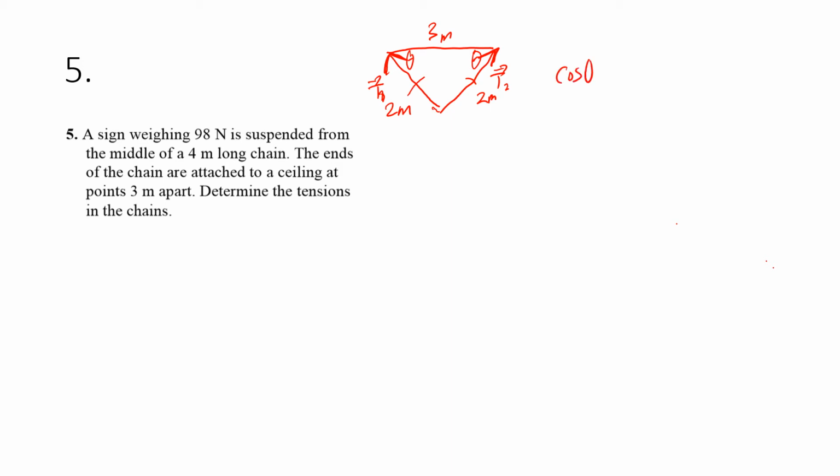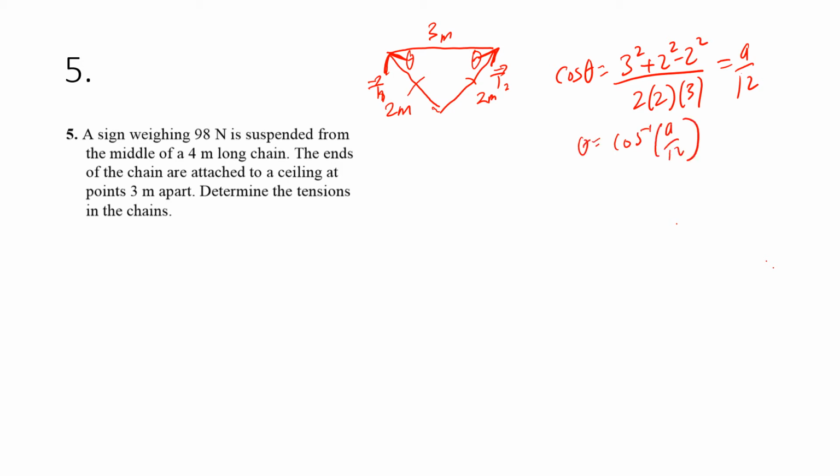So cosine of theta is 3 squared plus 2 squared minus 2 squared over 2 times 2 times 3. That's 9 over 12. The inverse cosine of 9 over 12 gives us theta, which is approximately 41.4 degrees.